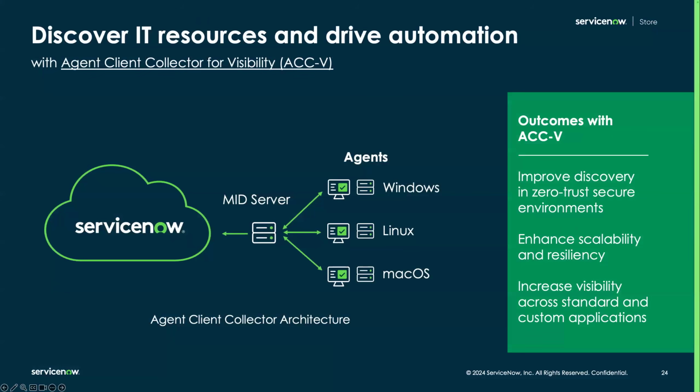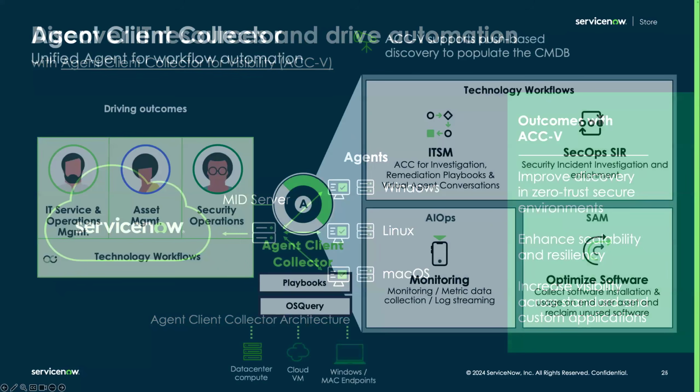Then we have the agent client collector. This is the agent-based discovery. The agent client collector is essentially a sort of revolution that was introduced a few releases back, and is intended to discover endpoints, especially whenever we have zero trust, secure environments, or whenever we can't get the necessary credentials for those environments.